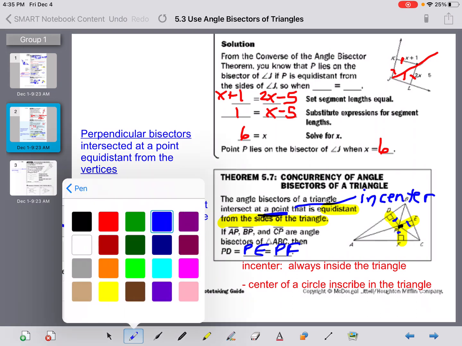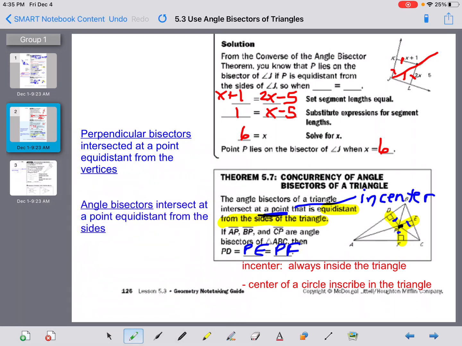Okay, I'm going to try my best to draw. Can't promise what this is going to turn out to be. But do you remember yesterday, in fact, I'll come over here to the margin. The perpendicular bisectors intersected at a point equal distance from the vertices, okay? So yesterday, if I can kind of draw this, and it's not going to be great, but all my perpendicular bisectors, right, met at this point. All right, you think it's hard to draw to start with.